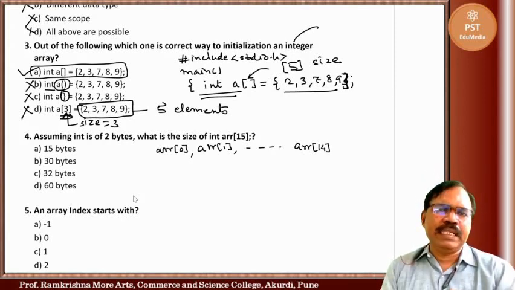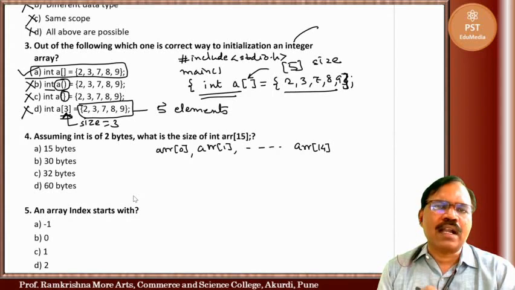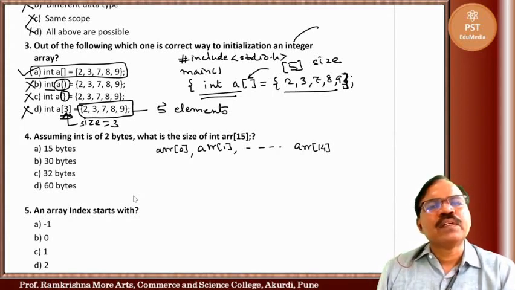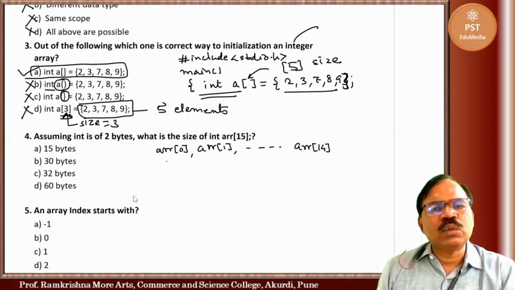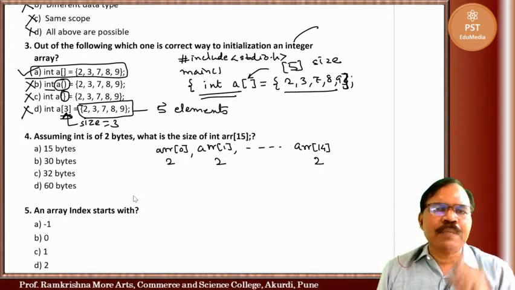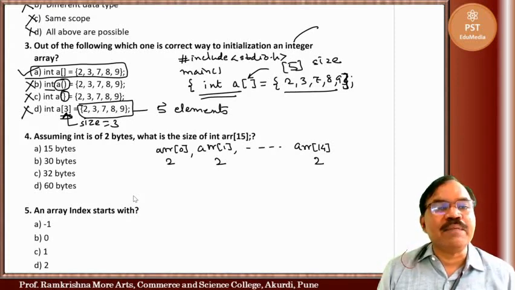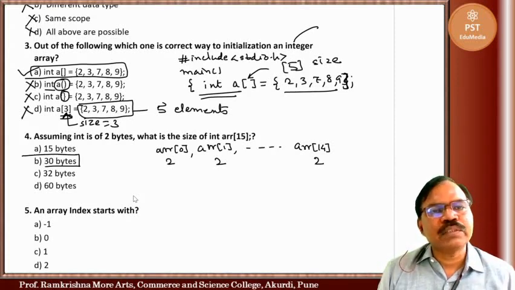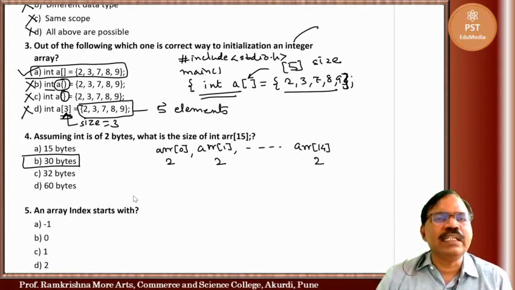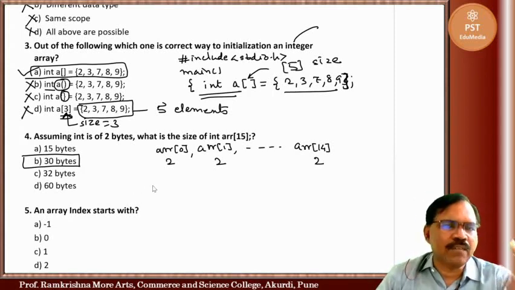These are 15 elements of the arr array, and each element takes 2 bytes of memory. So there are 15 elements, so it requires 30 bytes of memory, because an integer variable requires 2 bytes of memory.